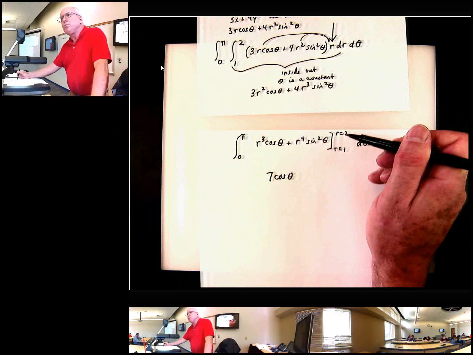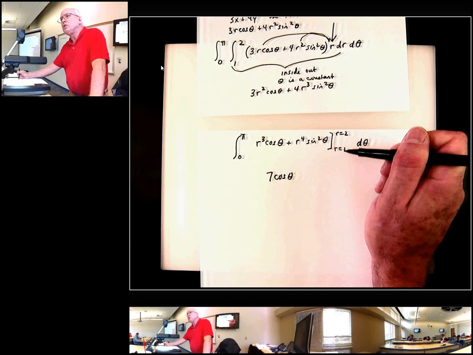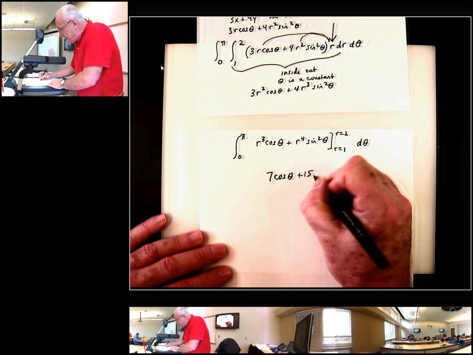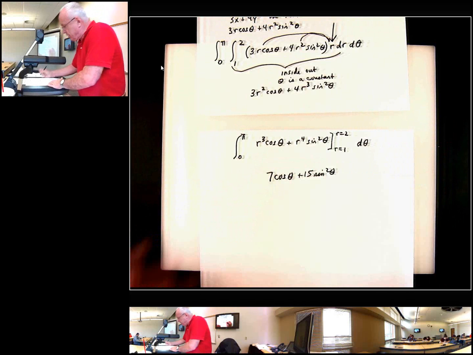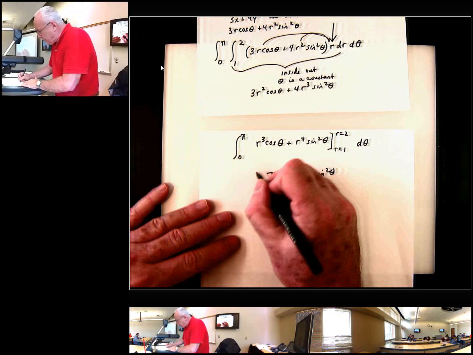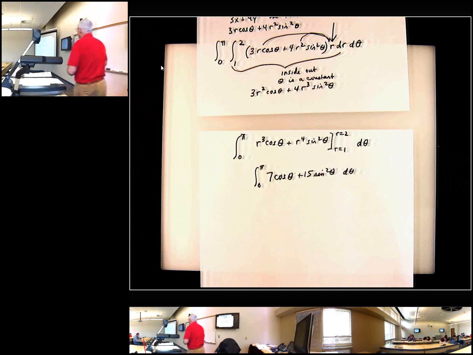That's going to be 2 to the fourth, which is 16, minus 1 to the 4th, which is 1. So 16 minus 1 is 15, and then that's sine squared of theta. Okay, so we've evaluated the inside integral, and now we go on to the outside one.